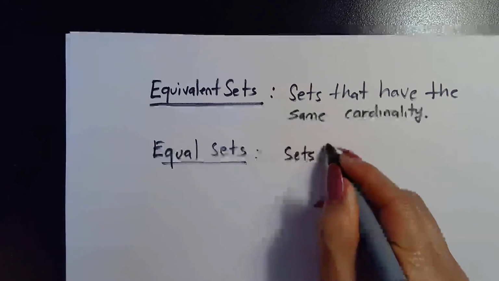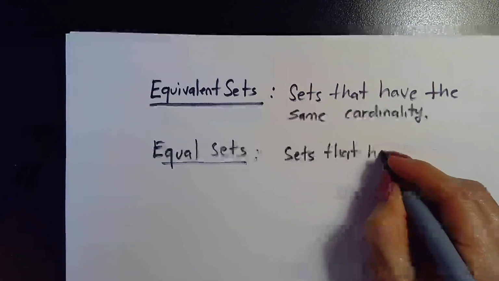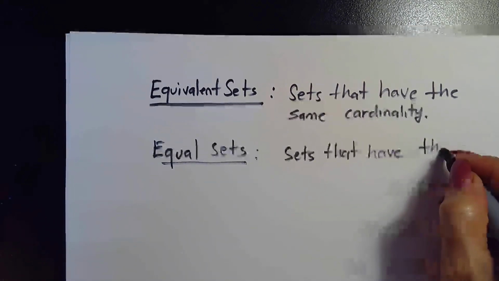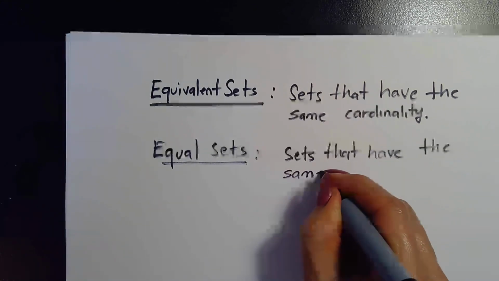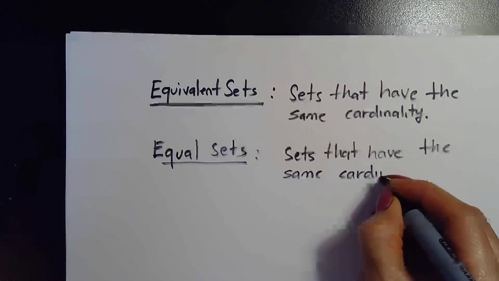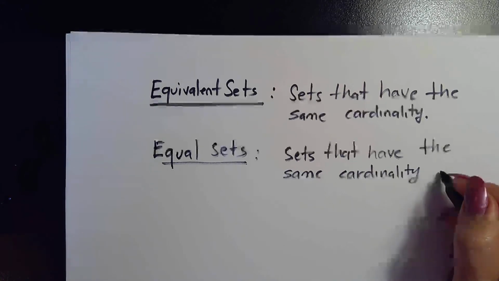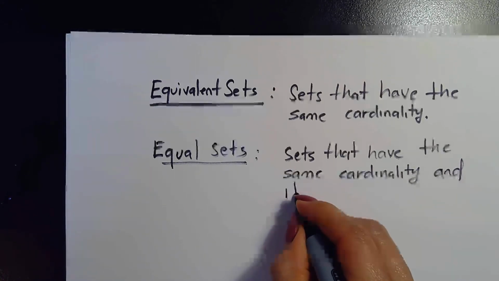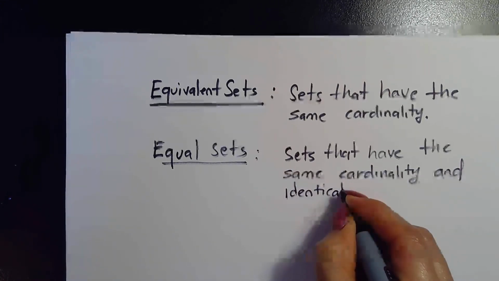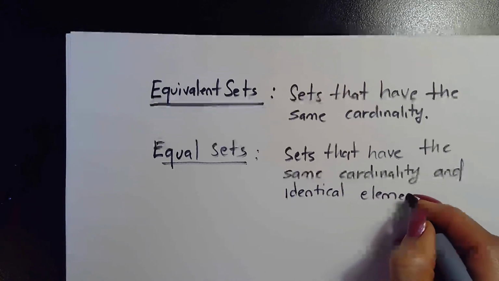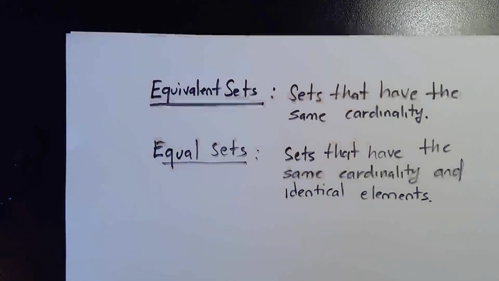Sets that have the same cardinality and identical elements. So these are the last two definitions, and we're gonna look at some examples.